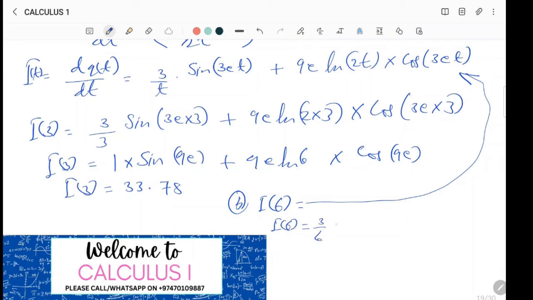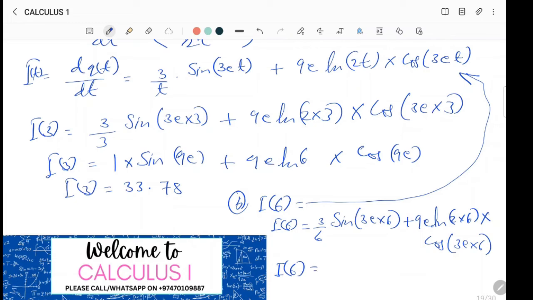So 3 over 6 sine 3e times 6, plus 9e ln 2 times 6 cos 3e times 6.